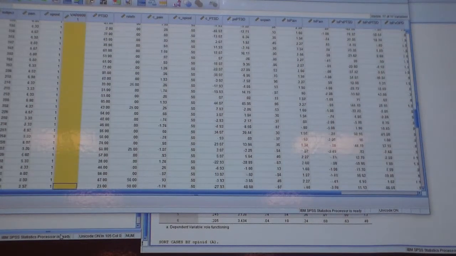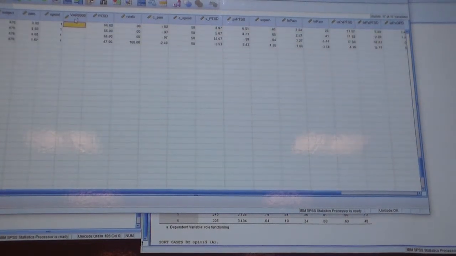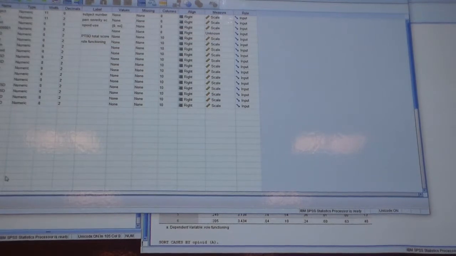Where opiate use is 1, I'm going to put 0. So Sam, what have I just done? I just reversed it, right?